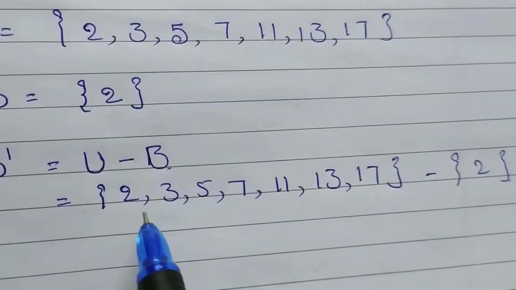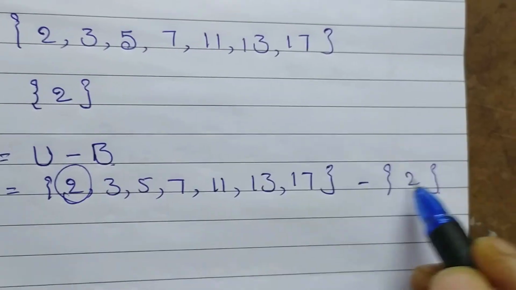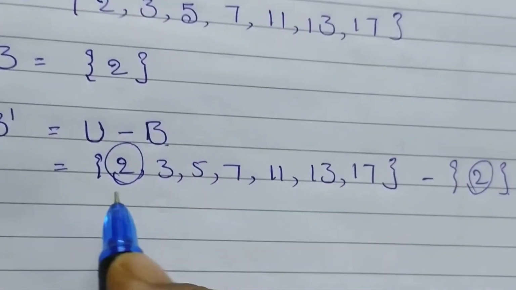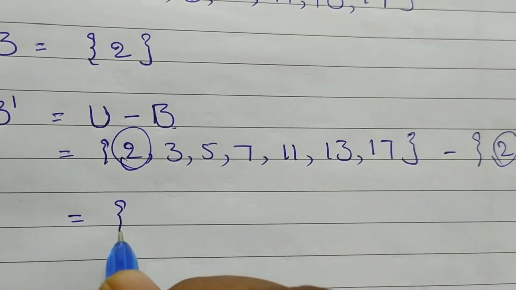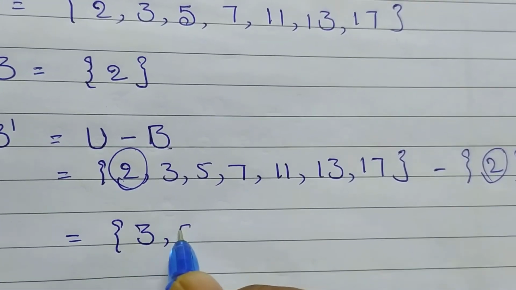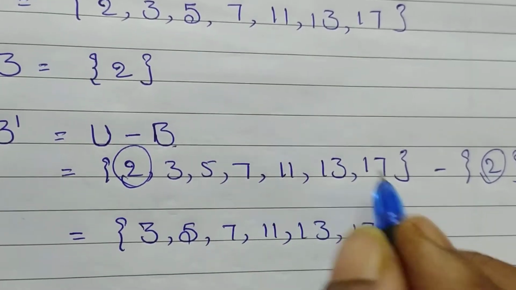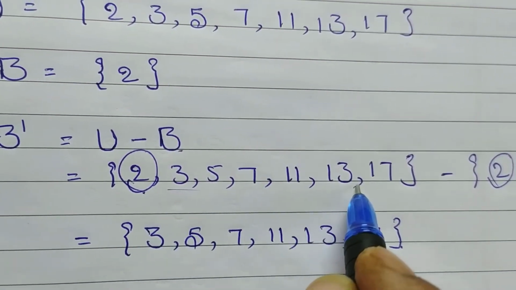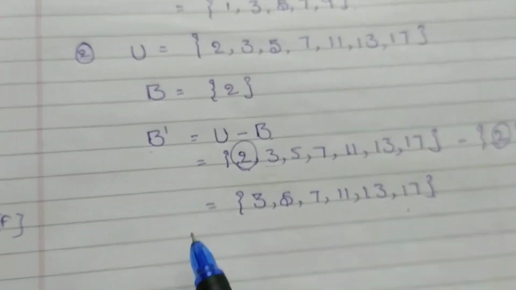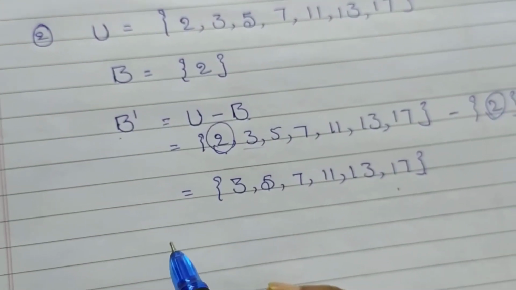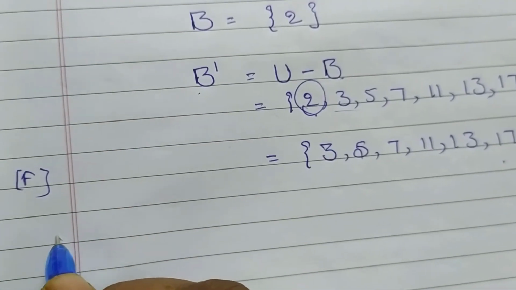To subtract any two sets, first we round off what is common. The remaining elements in the first set will be entered into the difference of the sets, that is 3, 5, 7, 11, 13, 17. So in the first set, other than the common elements, whatever is there will be written. So these are the elements of B complement. So how do you get the complement of any set? The universal set minus the given set gives us the complement of the given set.